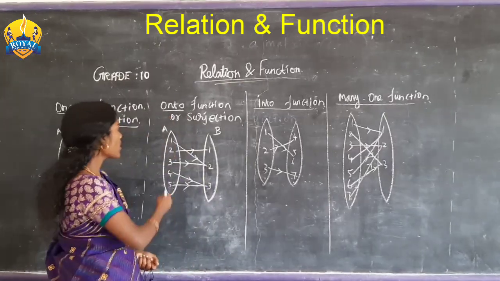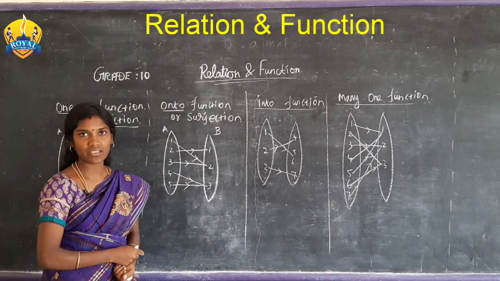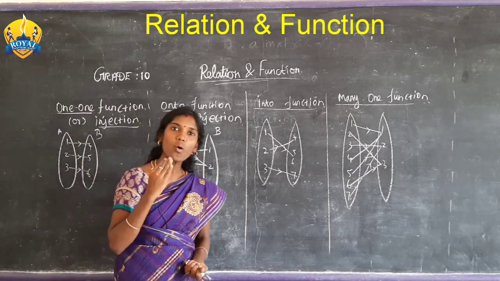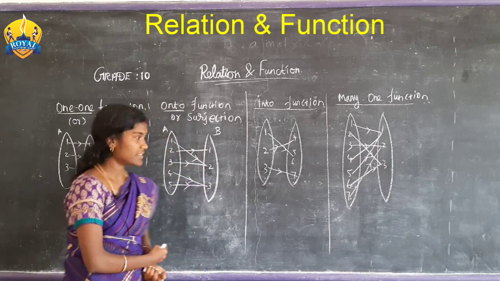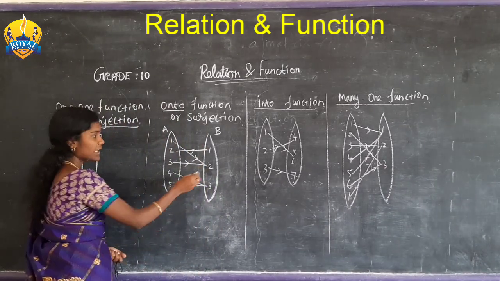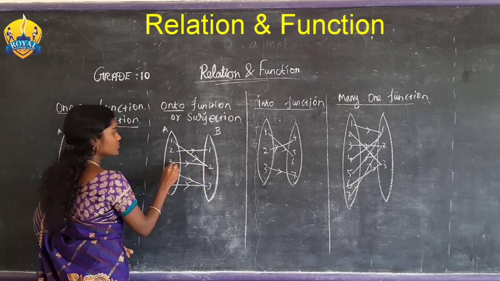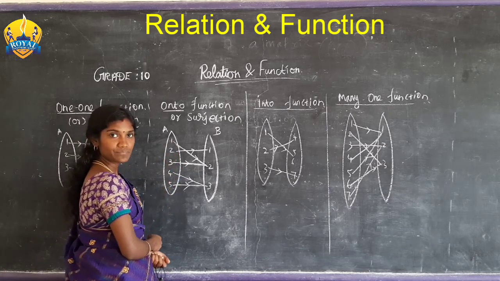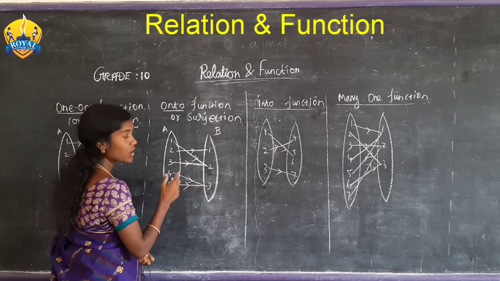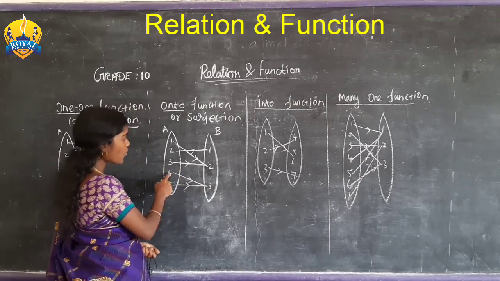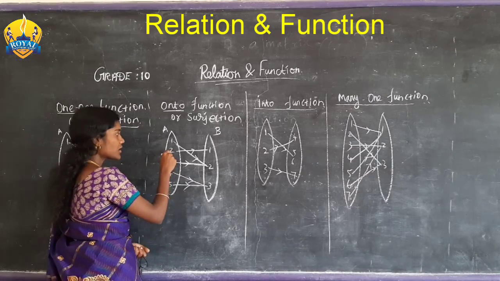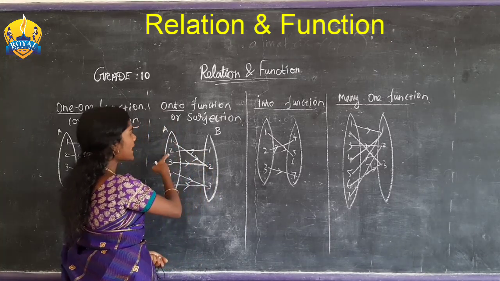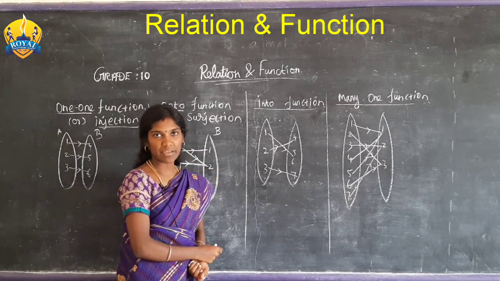The element of A has only one image, but the element in B has two or more pre-images in A. That is, 2 has 2 pre-images, that is 1 and 3. Here 3 has 2 pre-images, that is 4 and 5. Here 2 has only one image and 1 has only one pre-image.